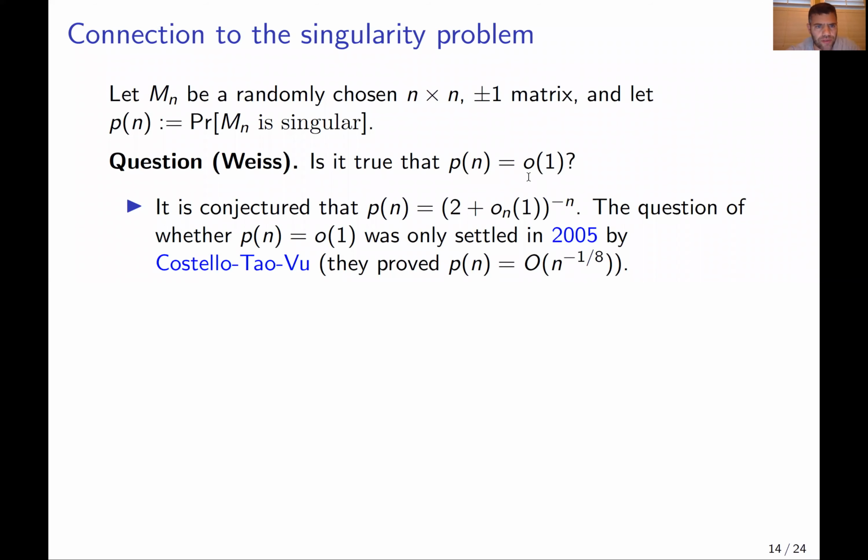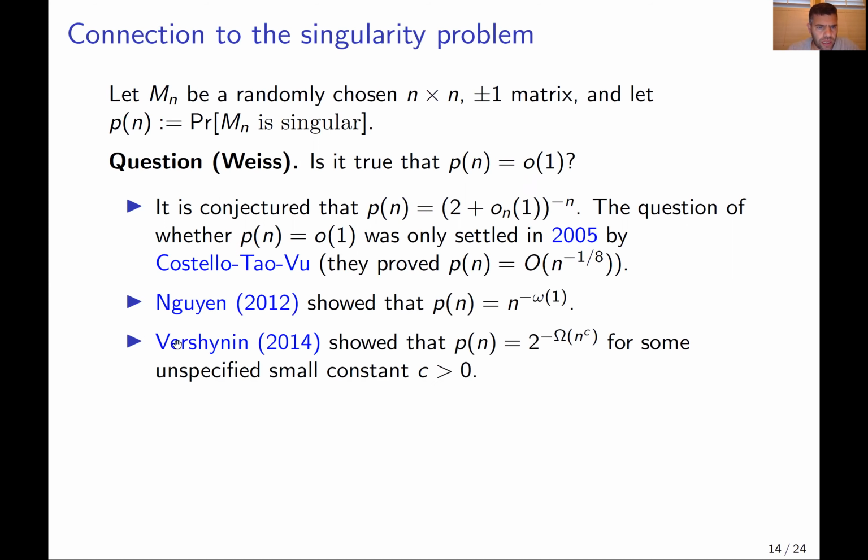But just the question of whether P_n is little o of 1 was only settled in 2005 by Costello, Tao, and Vu, who showed that P_n, the singularity probability for symmetric matrices, is big O of n^(-1/8). And since then there was a little bit of work. Nguyen showed that this probability is n^(-omega(1)). Roman Vershynin showed that it's 2^(-n^c) for some unspecified small constant c.